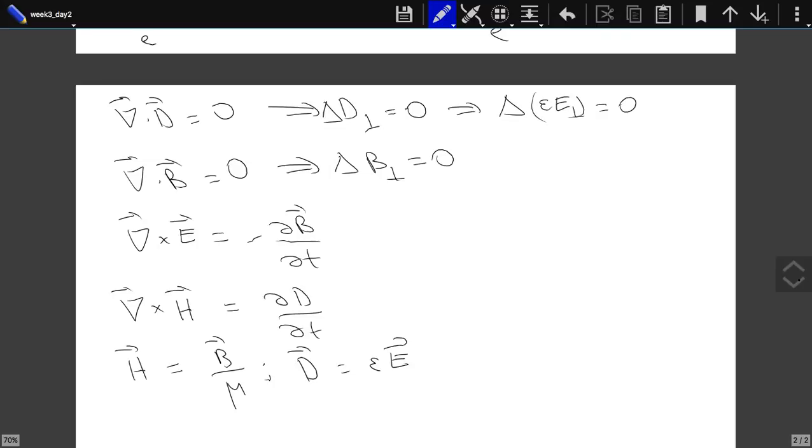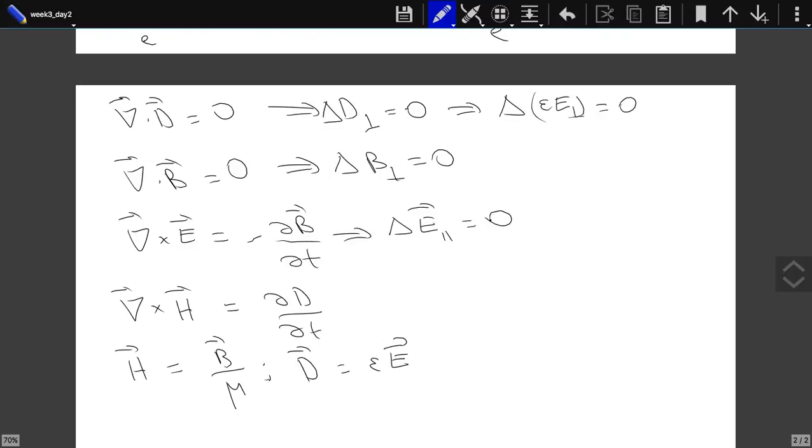Curl of E is equal to minus the derivative of B by T. Well, this tells me that the change in the parallel component of the electric field is 0. So the parallel component of the electric field, the parallel to the surface, it should be the same on both sides of the surface.